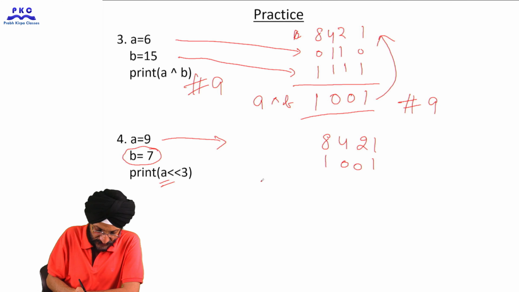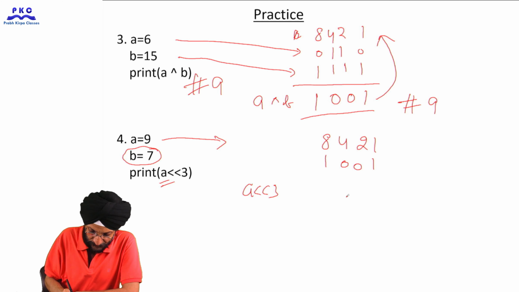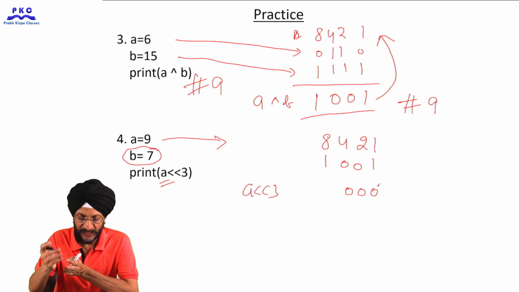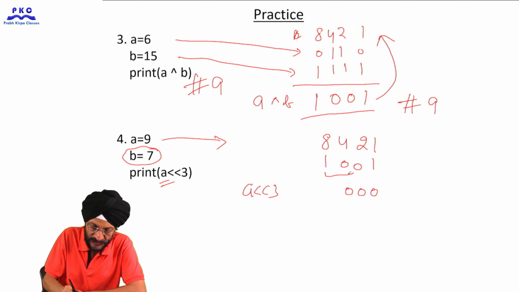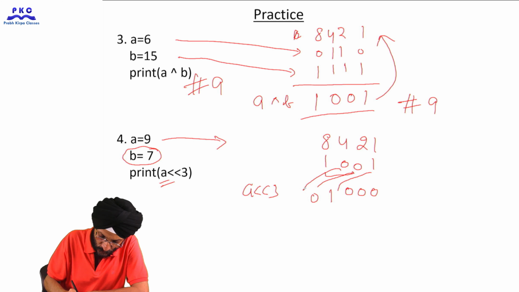So now what is given? A bitwise left shift 3. It means that 3 places will become empty on the right-hand side, because 3 bits will be shifted to the left. So we have added 3 zeros, and now we write 1 here, 0 here, this 0 here, and this 1 will become here.